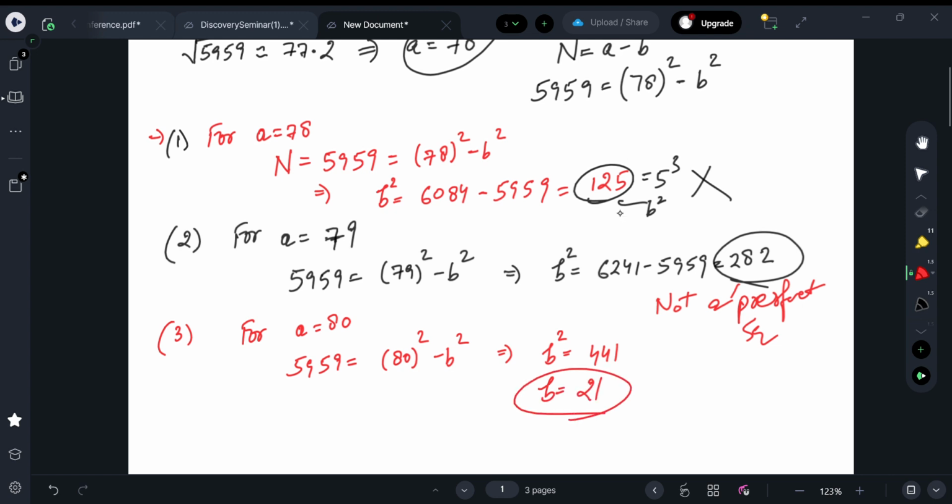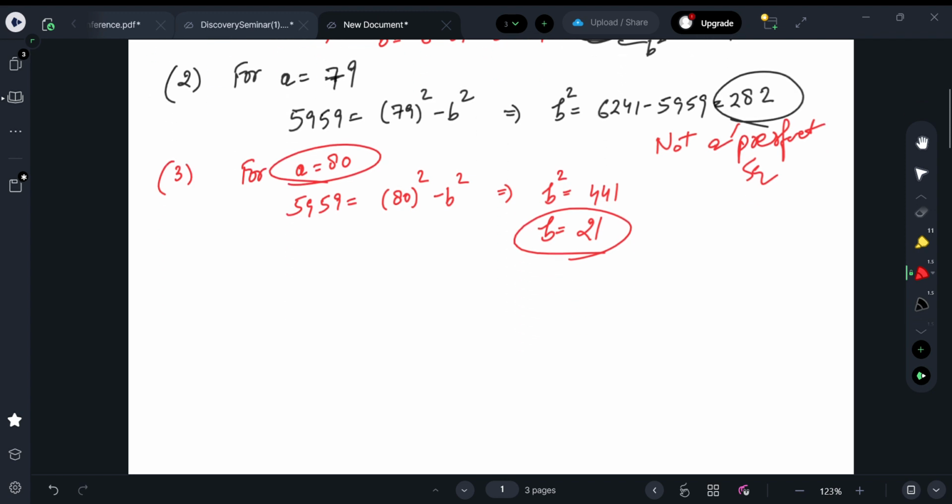So for a equals 80, I have b equals 21. According to Fermat, 5959 equals a squared minus b squared, which is nothing but (a minus b)(a plus b), and a that works turns out to be 80, and b that works turns out to be 21.